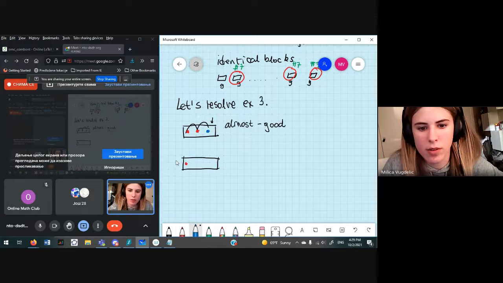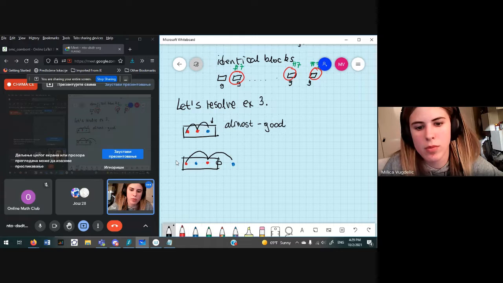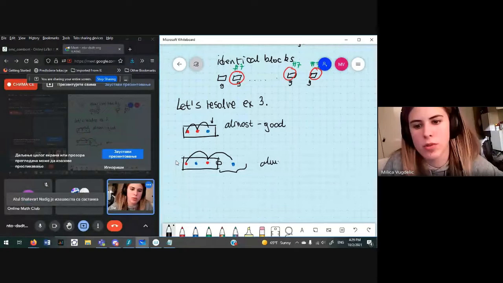We could have a blue one here, then a red one here, and then we would skip this one and have this one blue. So this is also almost good, with the blue one being here.